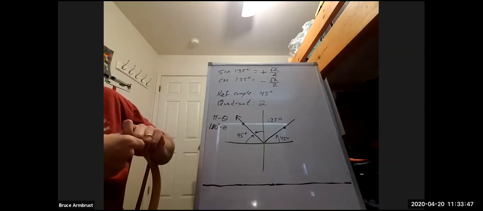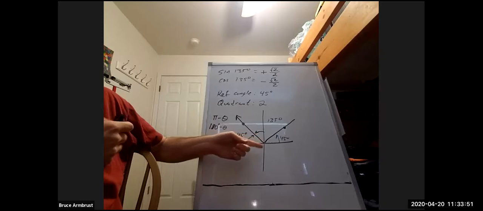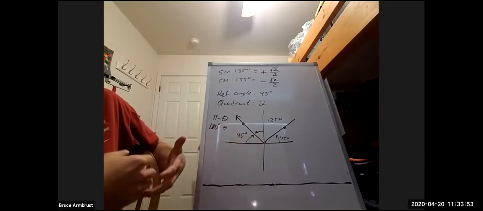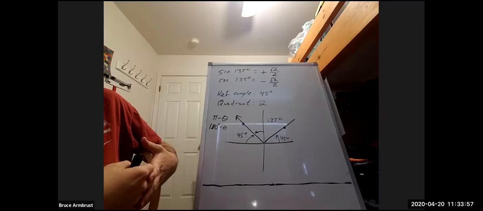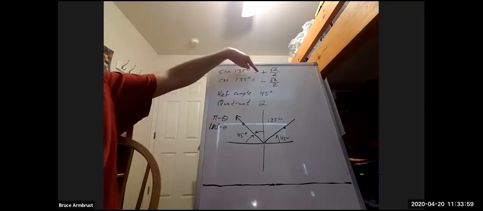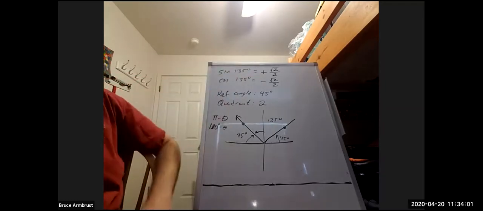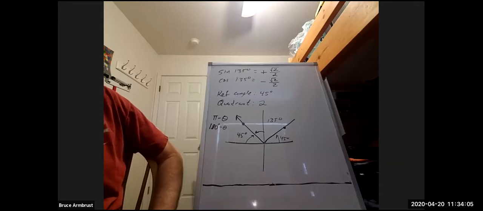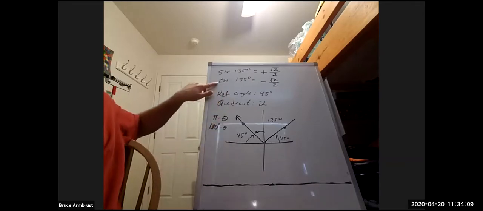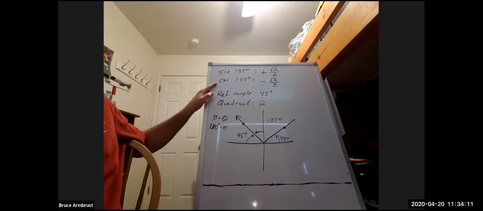So this is how you can use the first quadrant angles to help you find the trig function values for the ones that are in the second, third, and fourth quadrant. Another way to recognize these are plus and minus is to go back to the unit circle definition for these things. And on the unit circle, the cosine is your x coordinate.